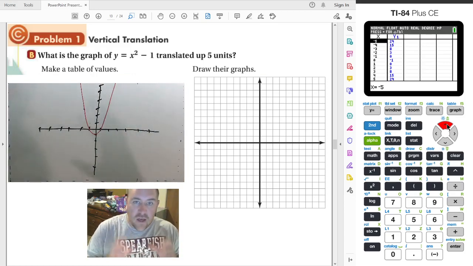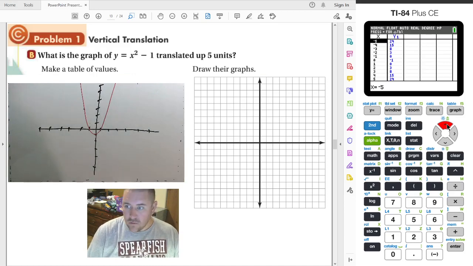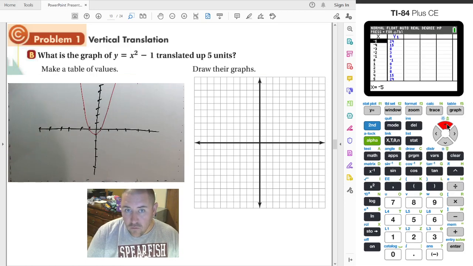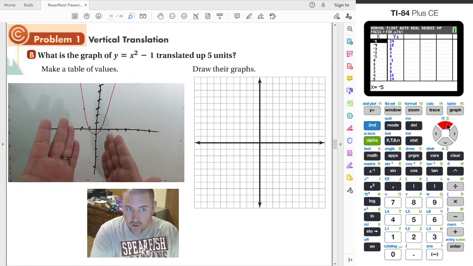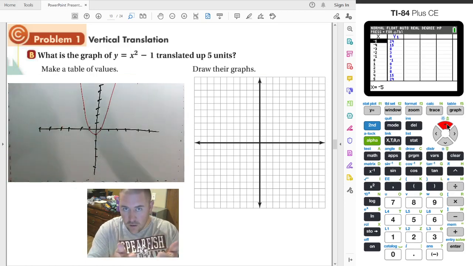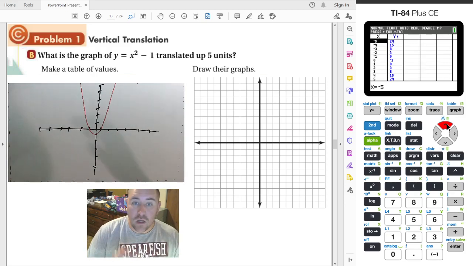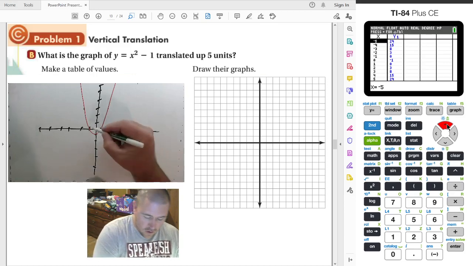So if I say take this thing and translate it up 5 units, okay, so whether you're using, which way? That way. Use those points from your calculator, or maybe you just remember how to graph these. Plot points, connect dots. Yay. Now take this same graph and move it up 5 units. Well, move -1 up 1, 2, 3, 4, 5.